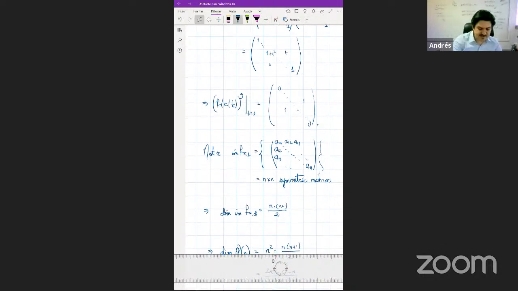And that's precisely the dimension, right? Because the only three parameters is the diagonal, and you can go either up or down.